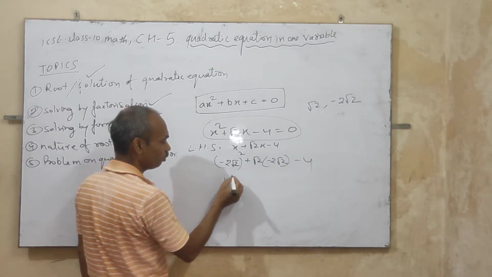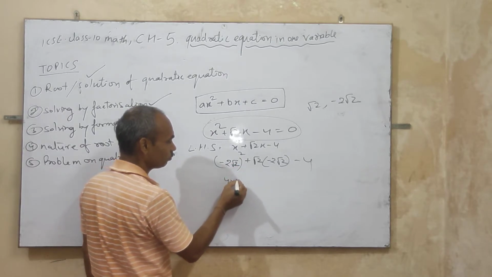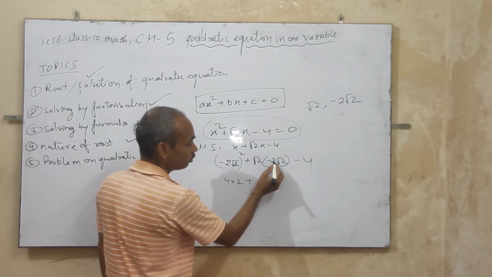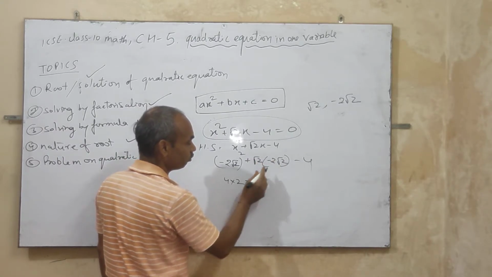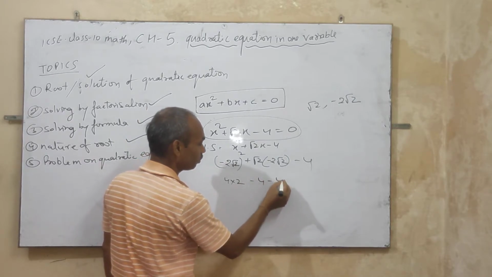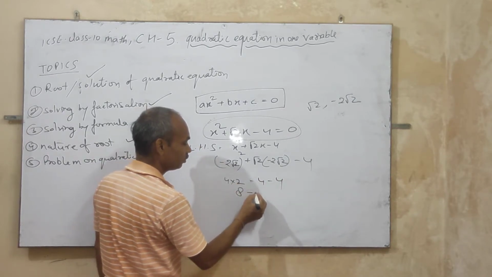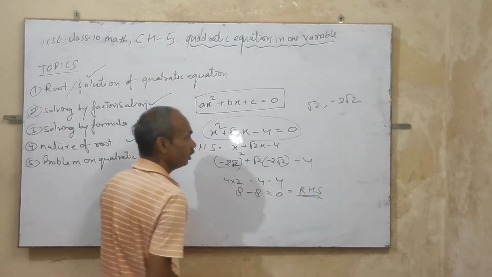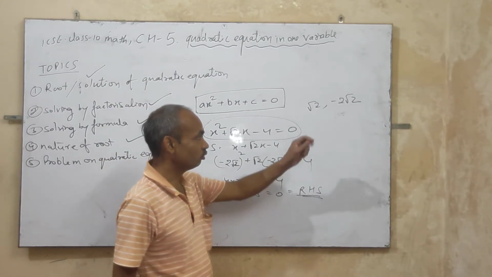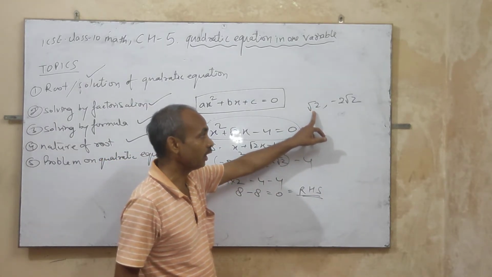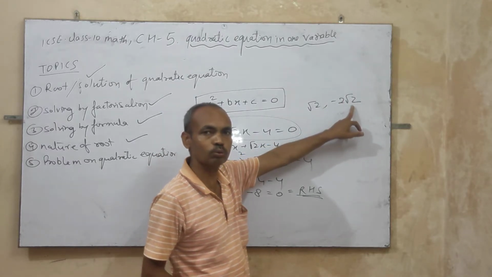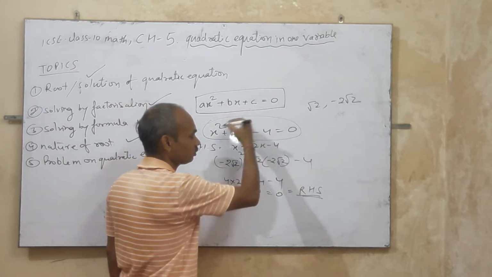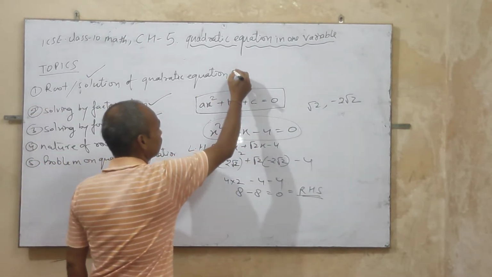That gives 8 minus 4 minus 4, which is 0, equal to RHS. Hence it is proved that root 2 as well as minus 2 root 2 are both solutions of this equation. So the first topic is clear.